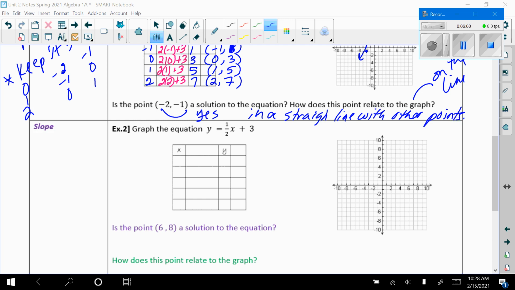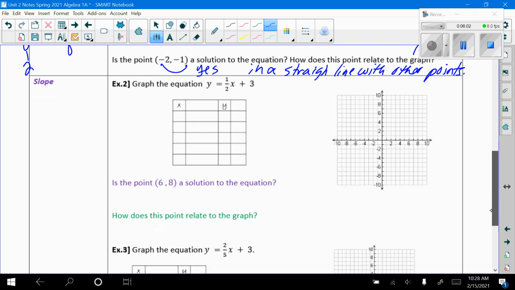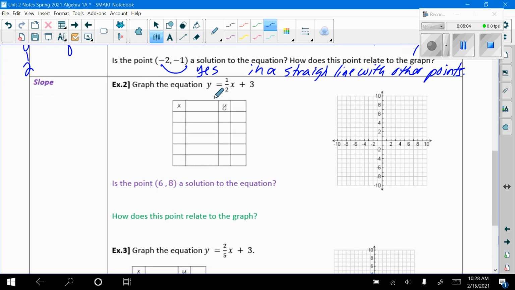All right, so this next one, I want you to try, first of all, you're going to graph it. The thing I want to keep in mind here is same idea, but I want to use the denominator. So my denominator here is 2. So I really want to pay attention to the slope and use numbers that are going to be friendly, so getting whole numbers for me. So I would suggest, again, your 0, but I would probably go with negative 2 and 2.